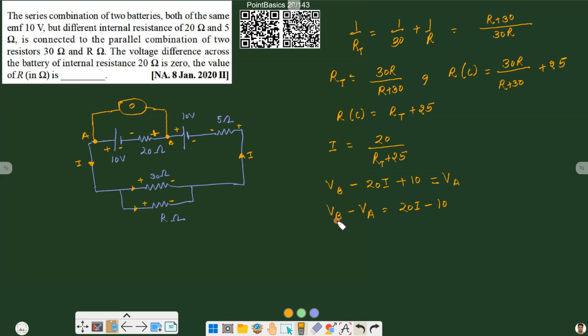And as already mentioned, the potential difference between both of these points is zero, so this should be equal to zero. So 0 is equal to 20I minus 10, and from this, I comes out to be 1 by 2. Now if I is equal to 1 by 2, we will use this value here.